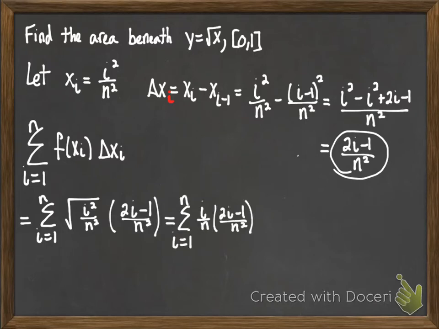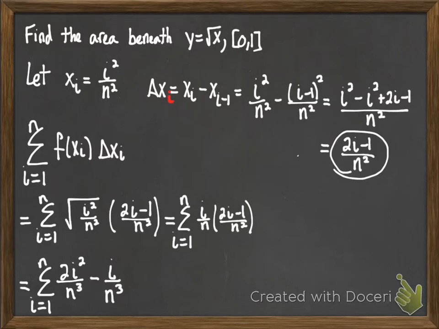The square root of i squared over n squared is again just i over n. Then if we distribute that and break things up, we get the sum of 2i squared over n cubed, multiplying the first term, minus i over n cubed.